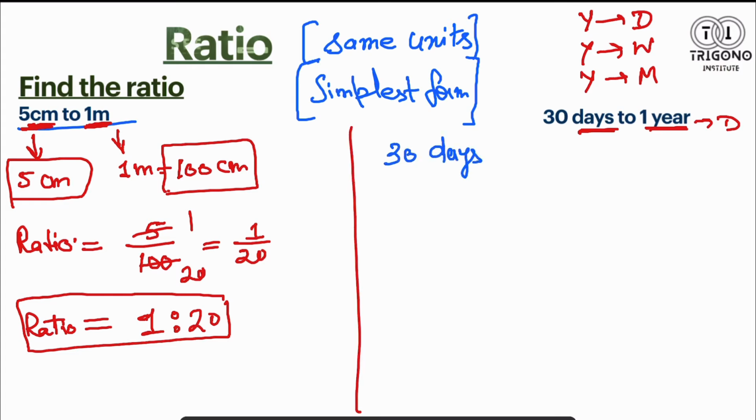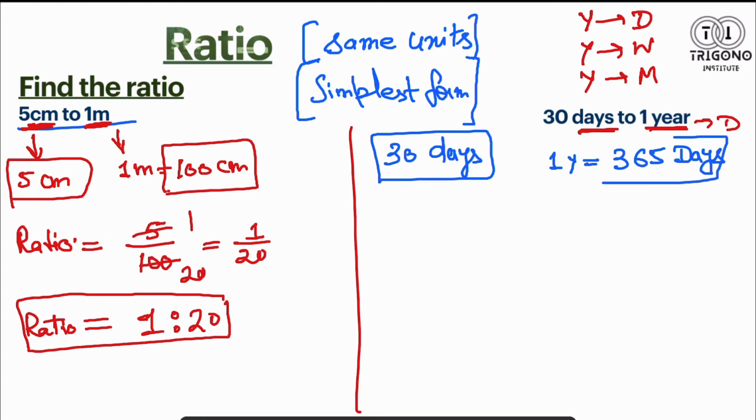In 1 year we usually have 365 days, because unless a leap year is mentioned, you do not consider 366 days. So here I have 30 days and here I have 365 days.